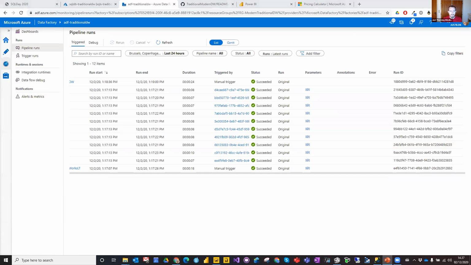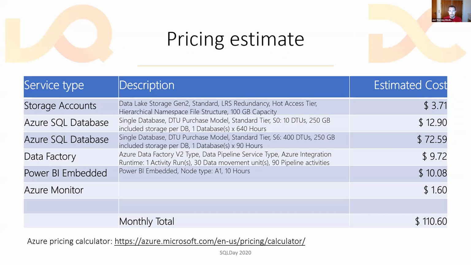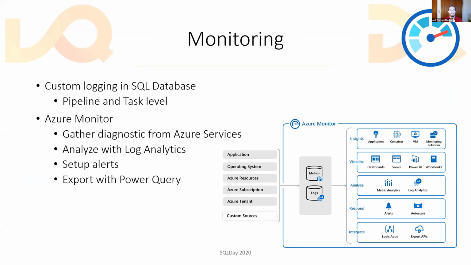So going back to the slides, covering the pricing and also a little about the monitoring. It says custom logging on pipeline and task level in the database, and then you can use Azure Monitor to gather data from different services.